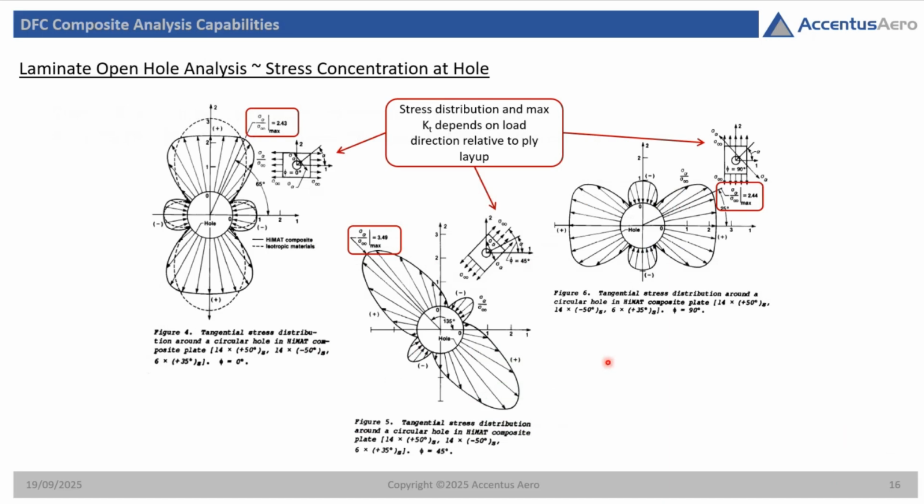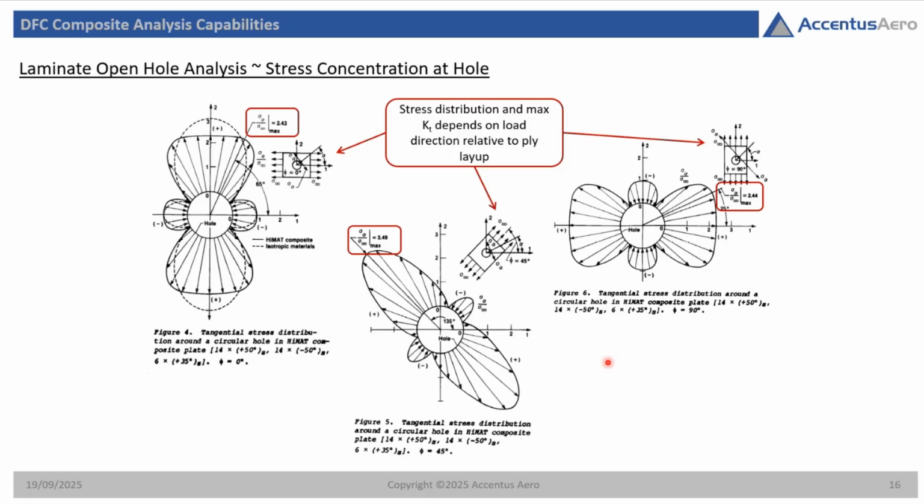So we move on to open hole analysis. Open hole analysis is all to do with stress concentrations in composites. Normally for static analysis, we ignore stress concentrations due to holes if we use isotropic materials, because of the plasticity that you get with isotropic materials.